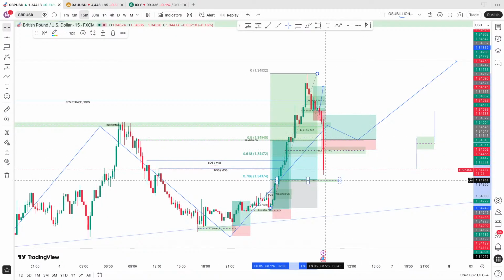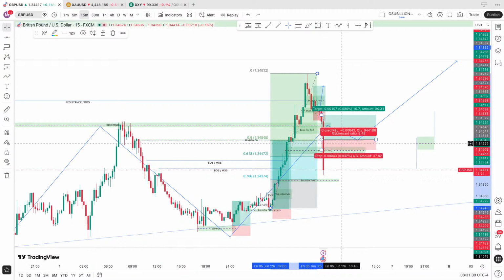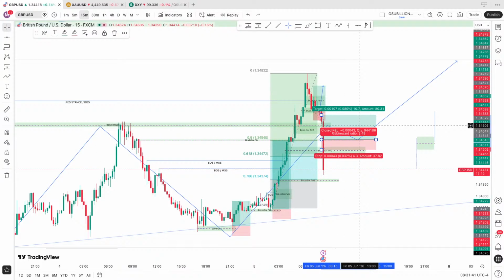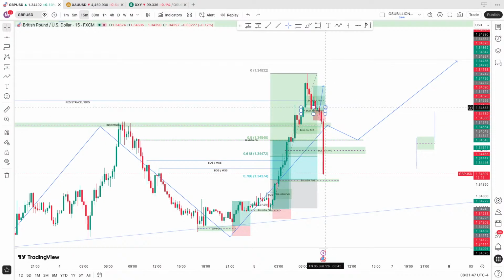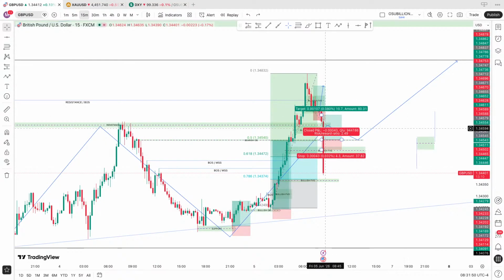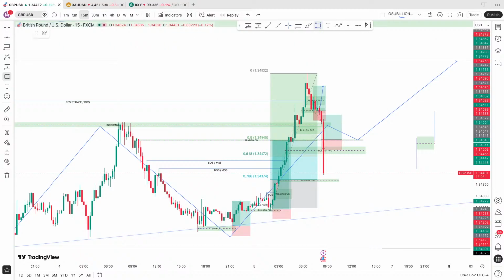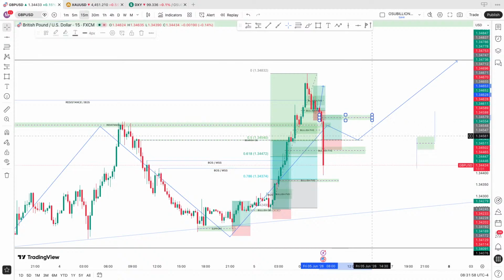we look for a pullback, but we also have to note that this is gone. This was taken straight up from the NFP news, which is okay. There is a bearish fair value gap here.